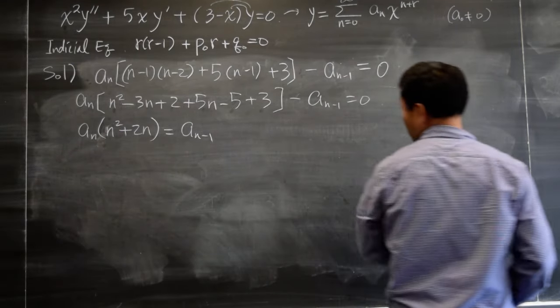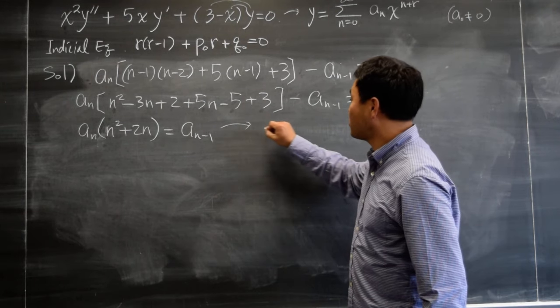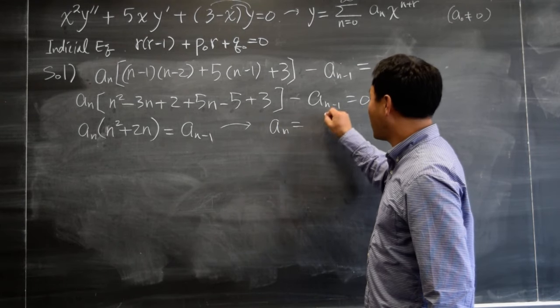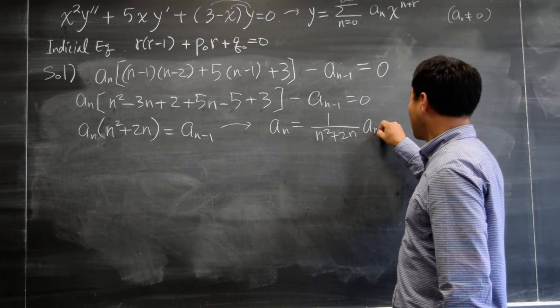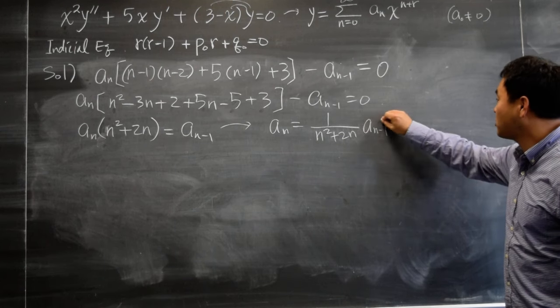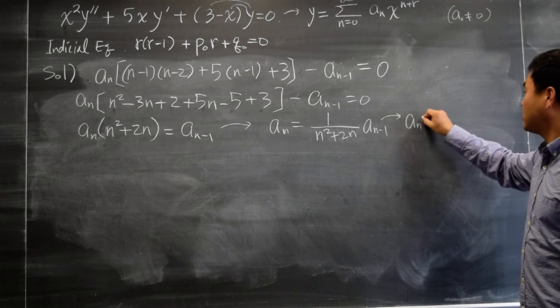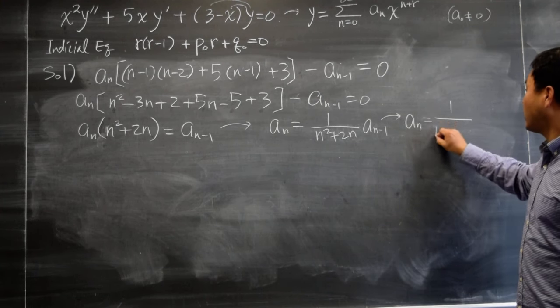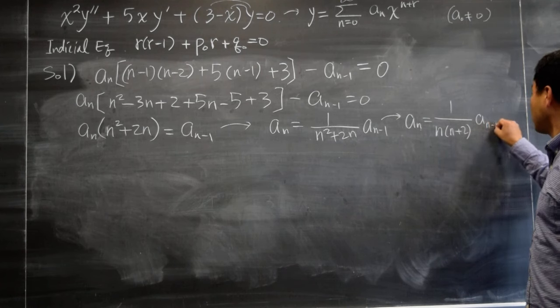I move this to the other side, and then I divide by n squared plus 2n. I can even rewrite this by factoring the denominator as an equals 1 over n times n plus 2, times an minus 1.